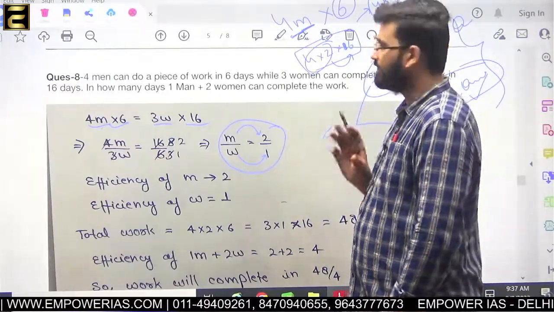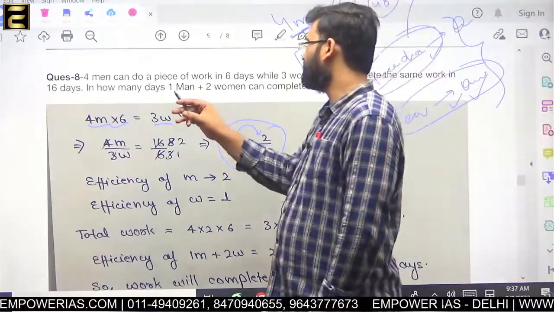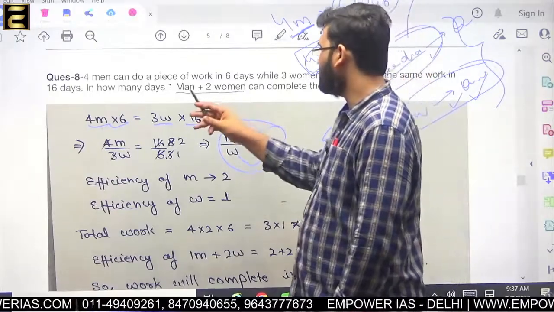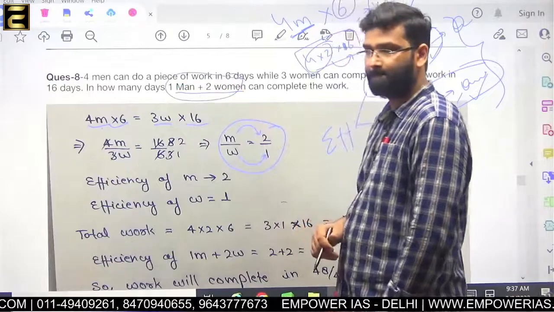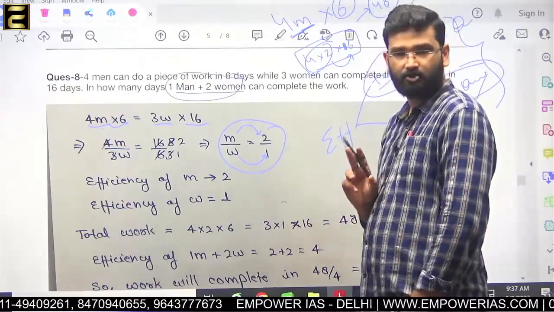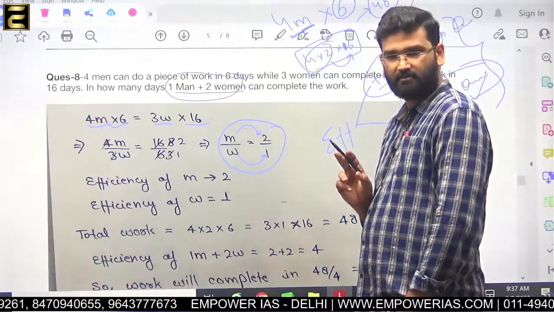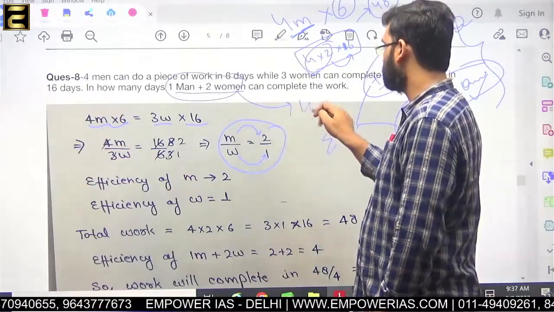So the work is 48 units. Now what has been asked in the question is in how many days 1 man and 2 women can complete the work. The efficiency of this group will be 4, because the efficiency of 1 man is 2 and the efficiency of 1 woman is 1. So the efficiency of 1 man plus 2 women is equal to 4.